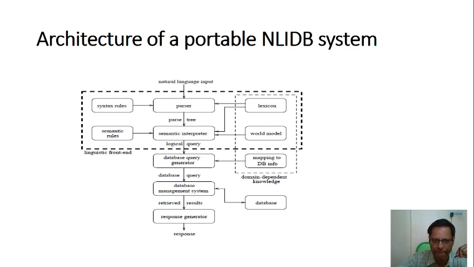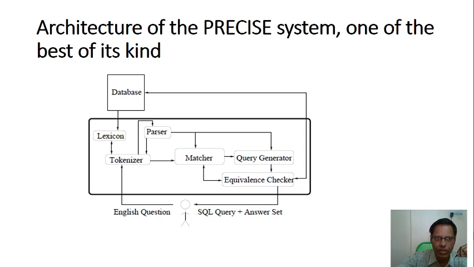This is also one more architecture, a precise system architecture about how the database is created for the NLIDB. Here the database is connected to the lexicon system, and there is a tokenizer, parser, matcher, query generator, and equivalence checker.